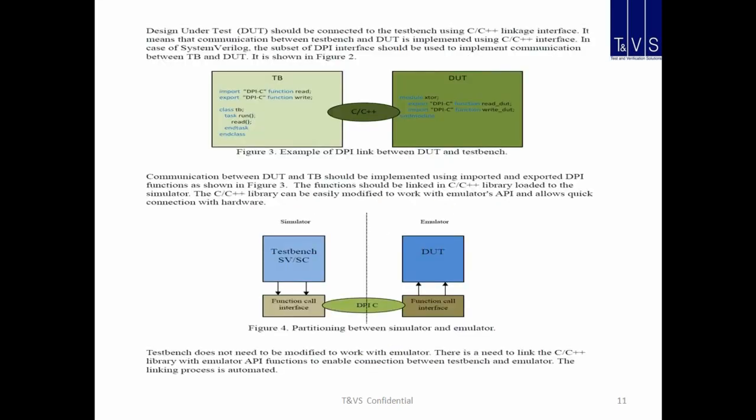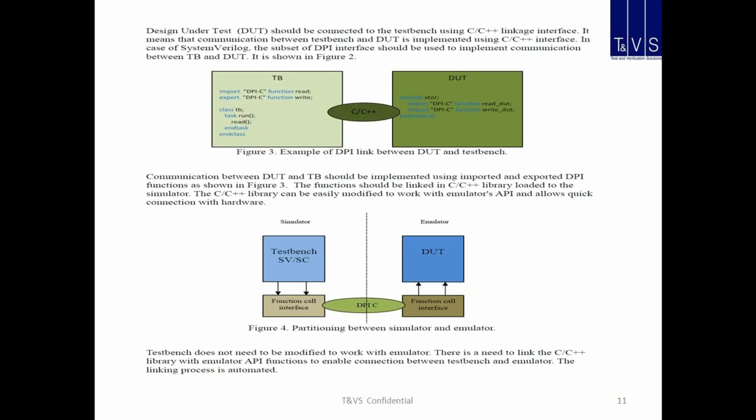So here if you can see, there is a TB and the DUT. So these two are connected using C linkage. So this is a DPI function where you import the function and export the function, and the DUT does the same.